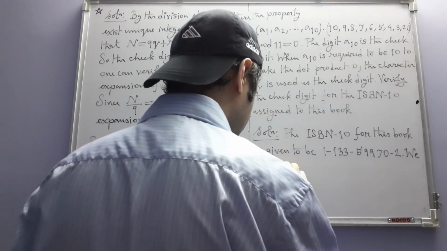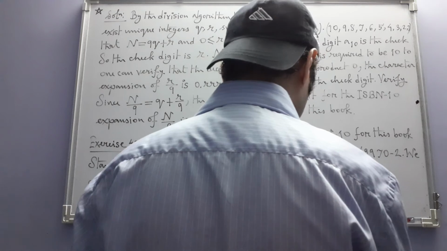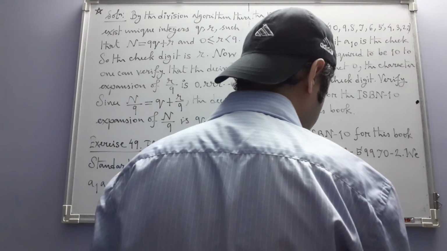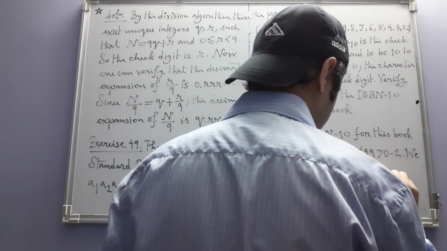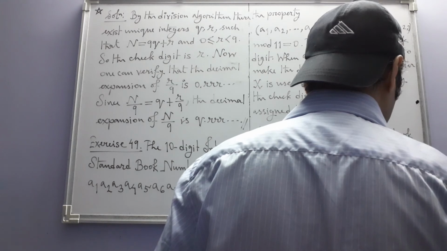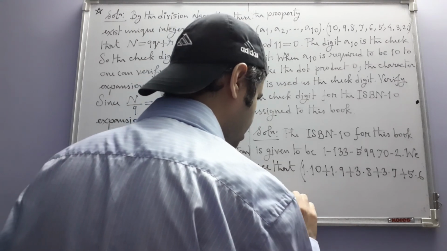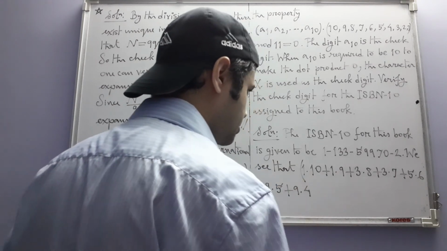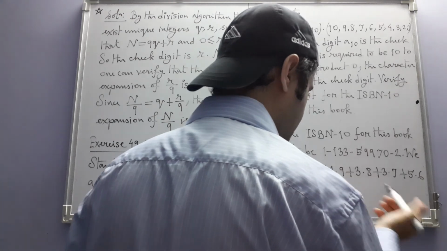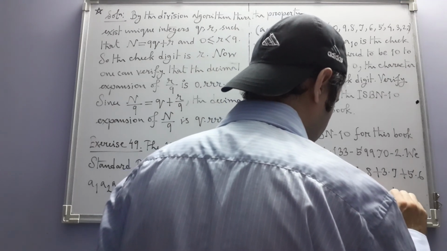To verify this you just have to see whether this condition is true: 1 times 10 plus 1 times 9 plus 3 times 8 plus 3 times 7, so this is the dot product we are calculating, plus 5 times 6 plus 9 times 5 plus 9 times 4 plus 7 times 3 plus 0 times 2, we need not write, plus 2 times 1, mod 11.